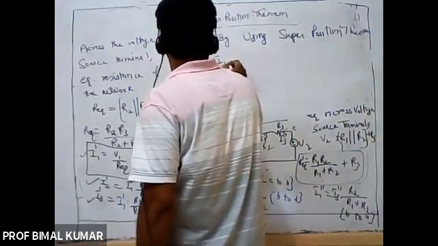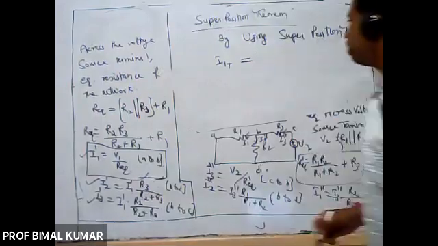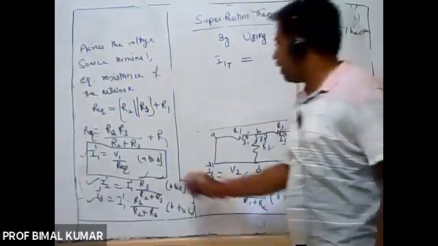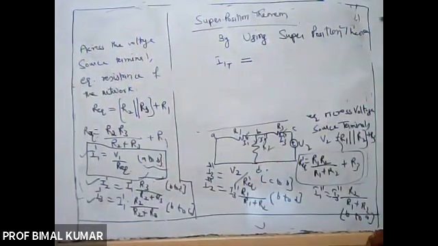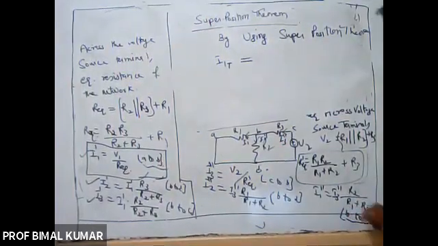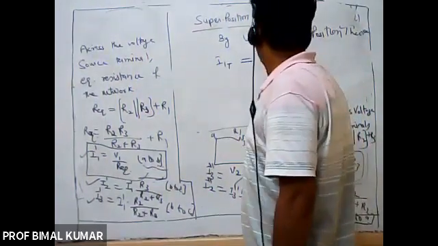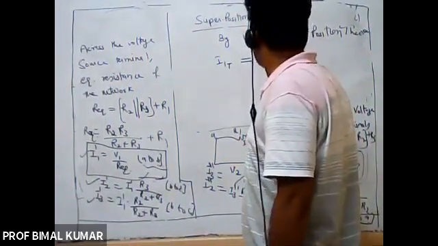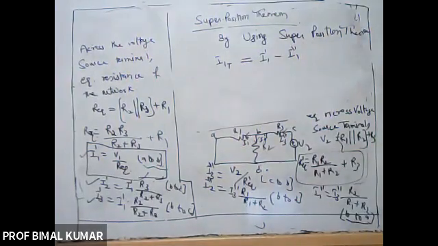I1 total is equal to, now see here, I1 dash is in the direction of A to B and I1 double dash is in the direction of B to A. So this will be I1 dash minus I1 double dash. I am assuming that I1 dash is greater than I1 double dash.